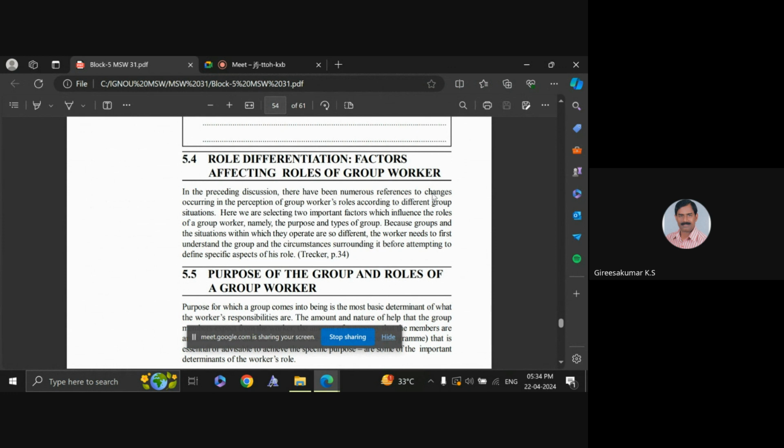He has to work with different groups, and each group may have a different situation, circumstance and surrounding, and it is the duty of the social worker to understand the circumstance and surrounding.